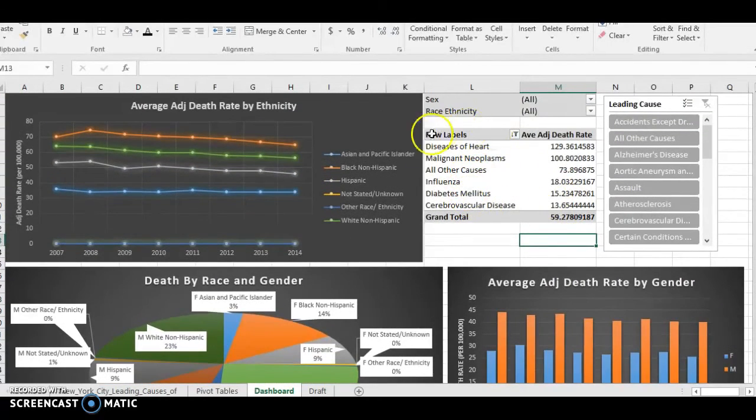And this pivot table shows the top five causes of death. So we can click on this slicer to change it if we want to see a single cause of death and how it would change on these three different pivot charts.